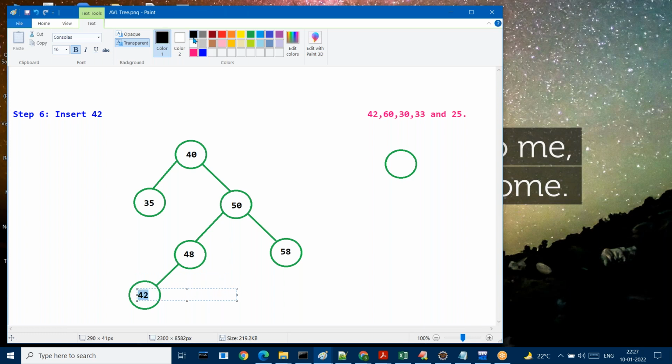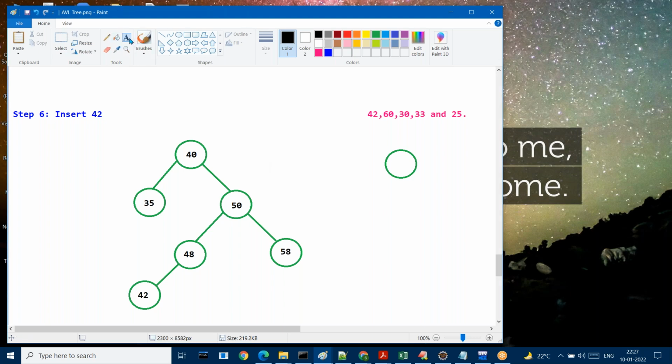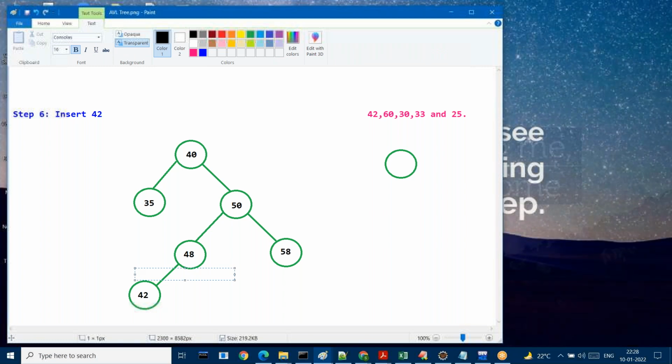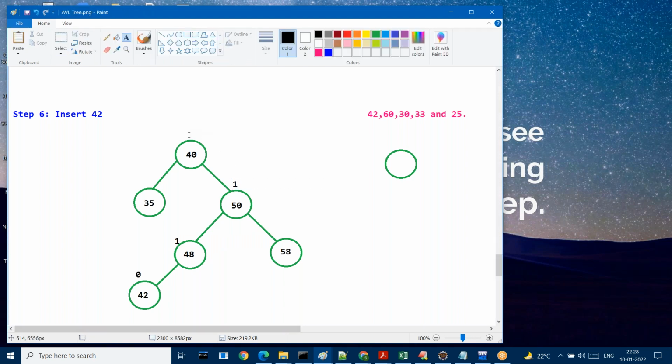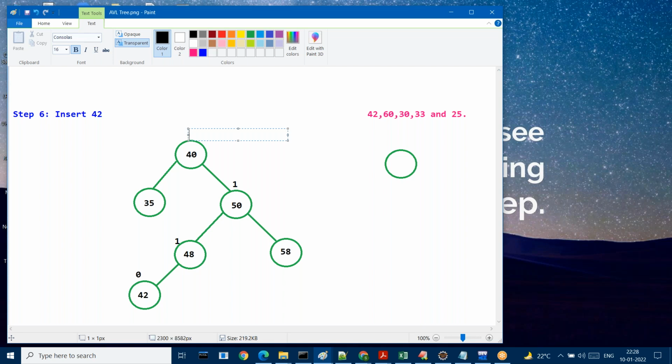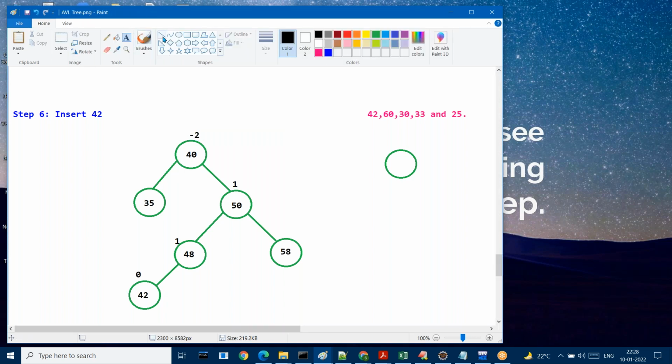Where I'm writing, 42. Let's calculate the pivot. Tell me, balance factor of 42. 0. 48. 1. 50. 1. Super. 40. Very good. -2, sir. How? Sir, height of left subtree is 1.